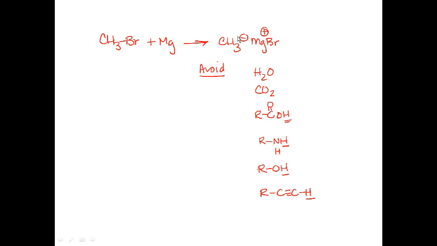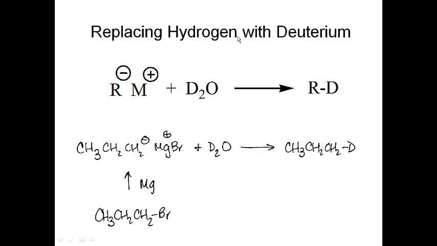Well, you can actually take advantage of this reaction to do something a little bit specialized: you can replace hydrogen with deuterium. Now, you'll see in your book sometimes molecules with a D attached to them, and then you'll try and look on the periodic table and realize there's no element D. Deuterium is an isotope of hydrogen that has a mass of 2.